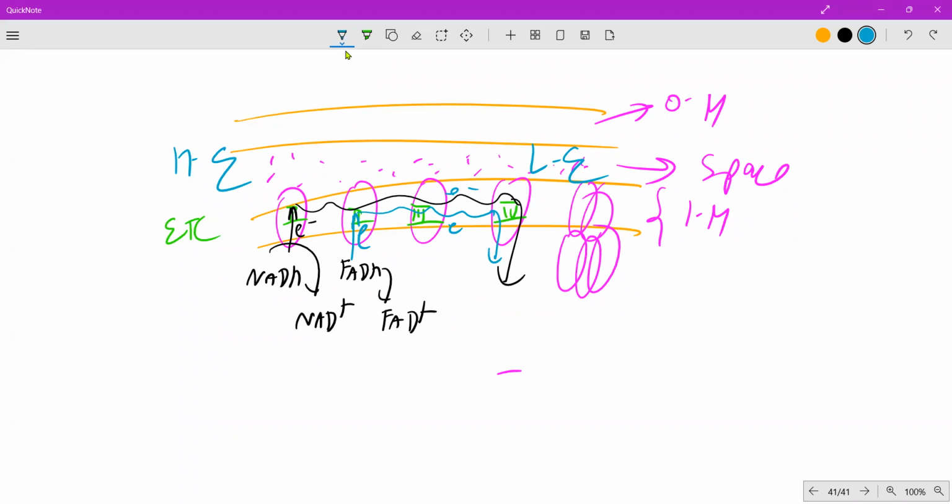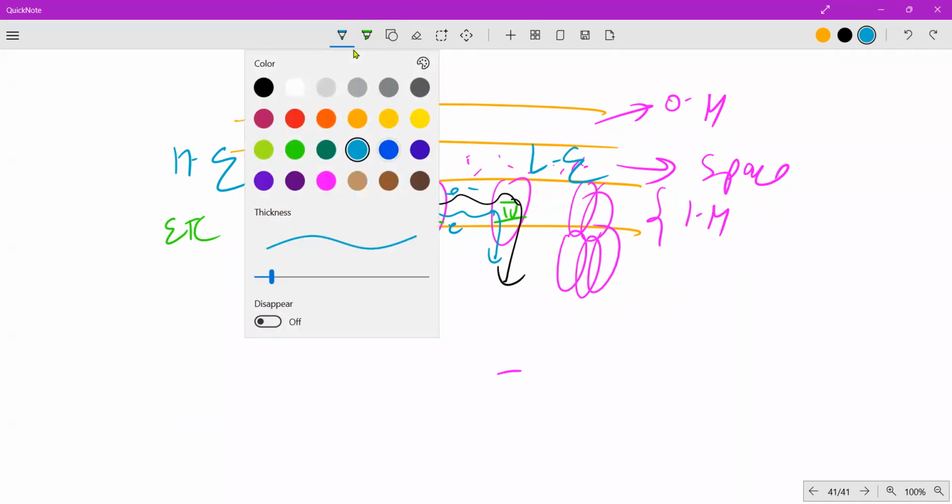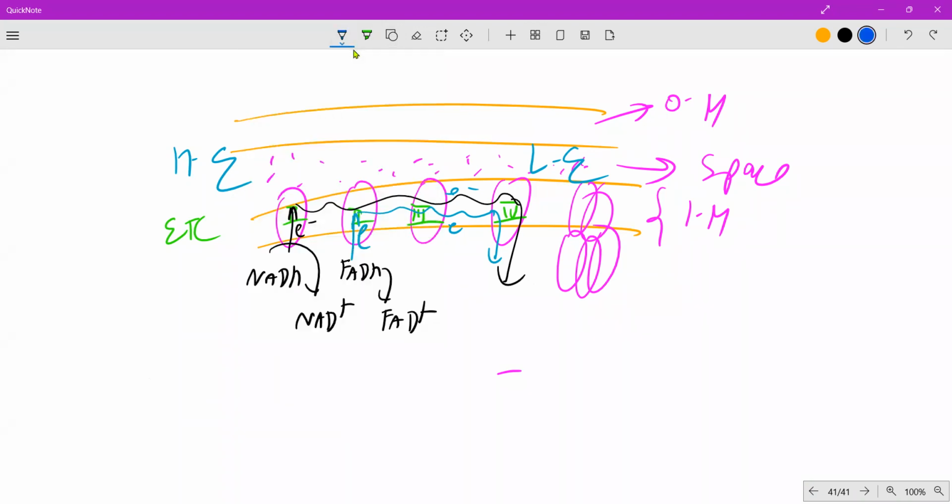The energy which is dissipated is used to pump protons in the intermembrane space. So NADH और FADH की जो energy थी, that energy has been converted into a proton gradient that has been used to pump protons in the intermembrane space.